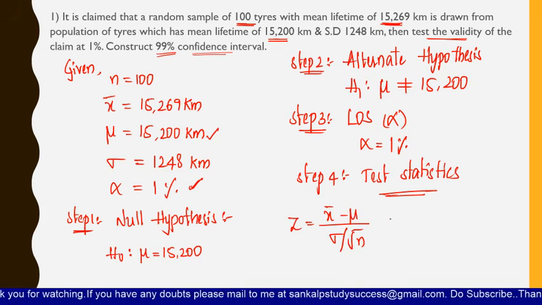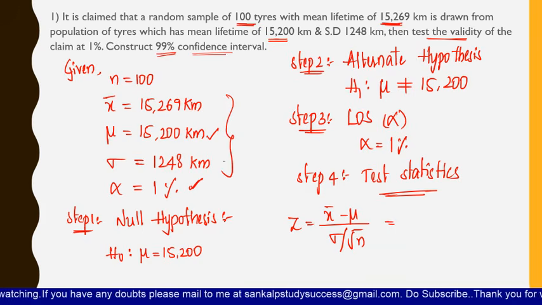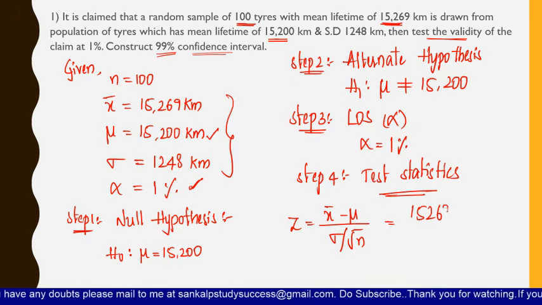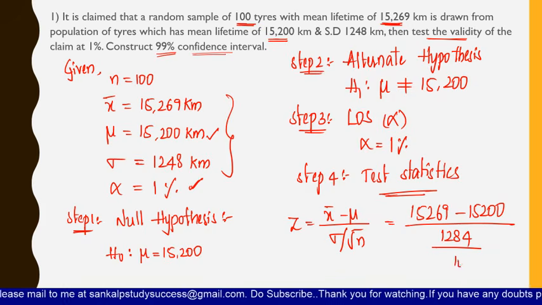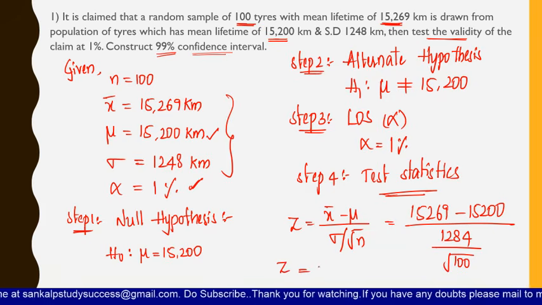This is the formula which we have for Z. Let us substitute all these values to get the calculated value of Z. X bar is 15269 minus 15200, by sigma by root n. Sigma is 1248, by root n, that means the square root of 100, which is nothing but 10, right? If you calculate this using a calculator, you will get Z equal to 0.55.